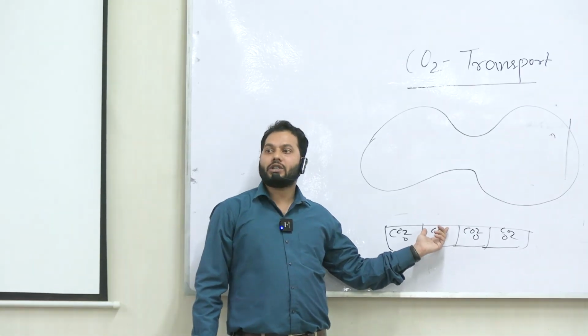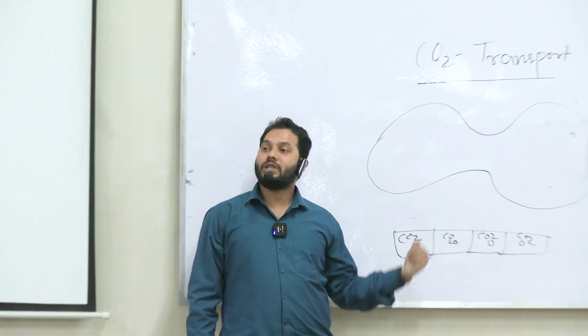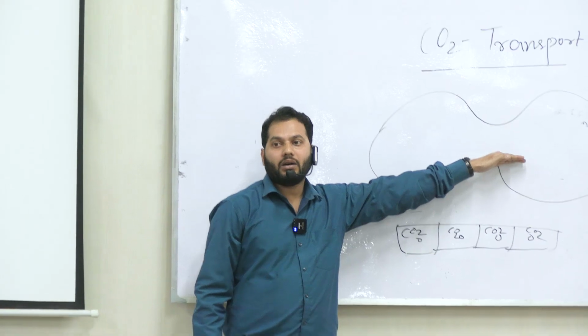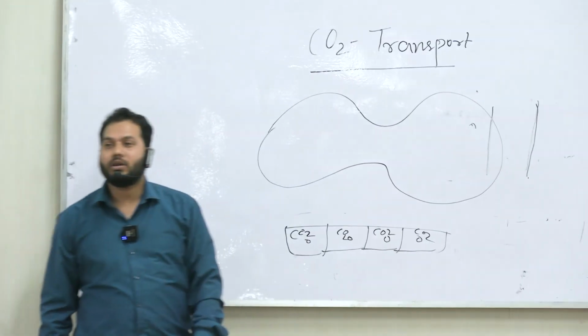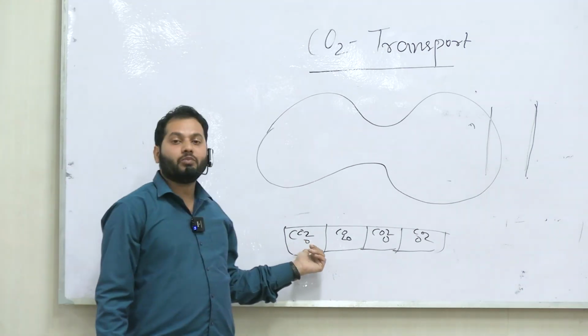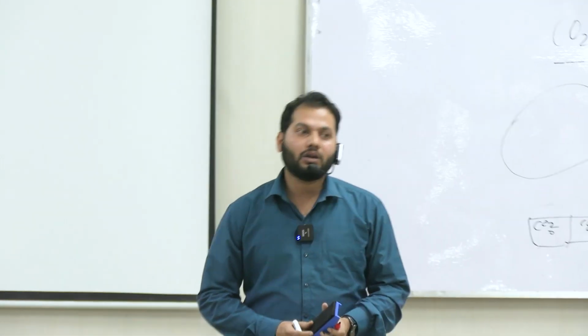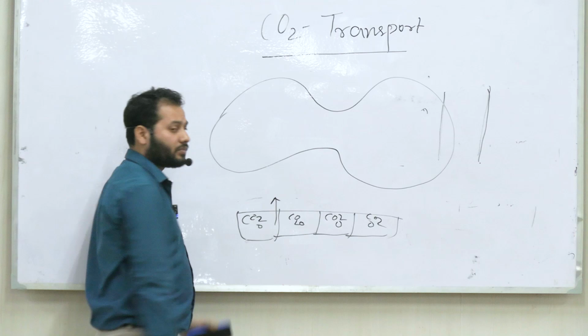If you see the concentration of carbon dioxide on these two sides, or even the concentration of carbon dioxide in plasma and tissue, the concentration is higher here. So obviously, according to the law of diffusion, the gases will diffuse, right?